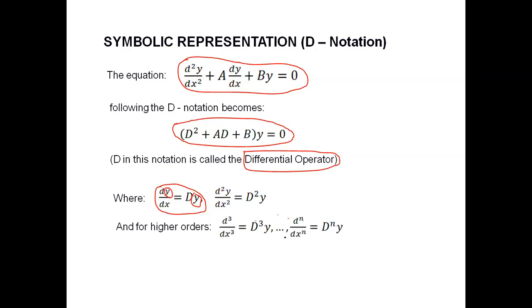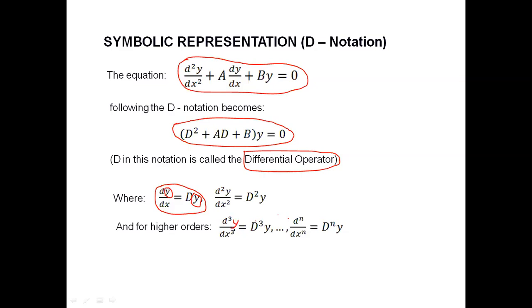So for higher orders, we can see that the third differential coefficient, or if you differentiate 3 times, d3y over dx3 is equal to D cubed y. There's supposed to be a y here, which was omitted.